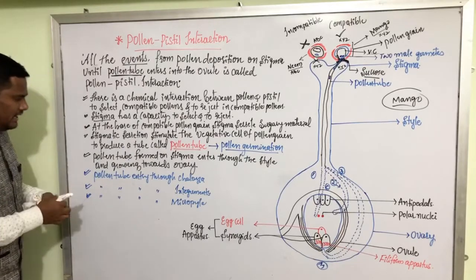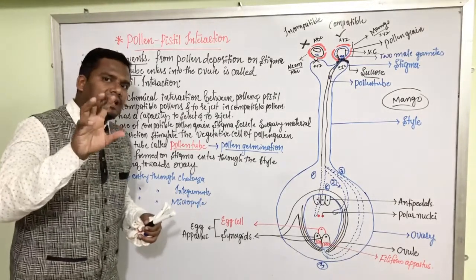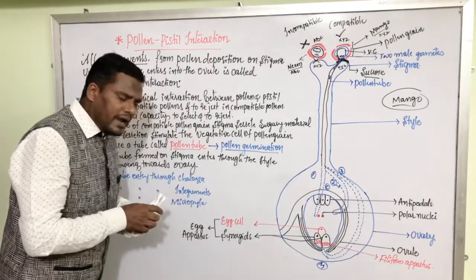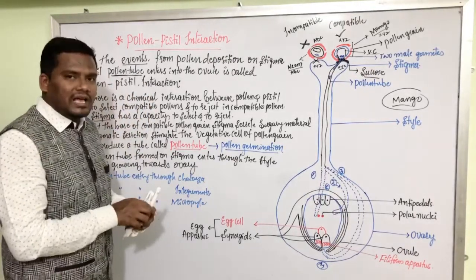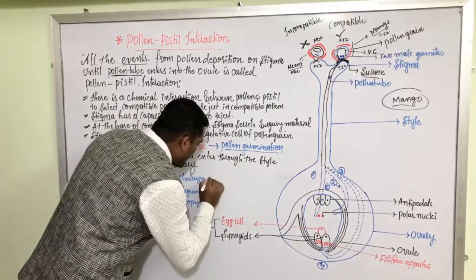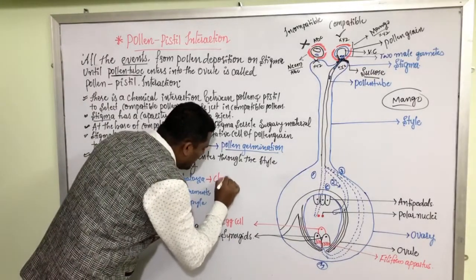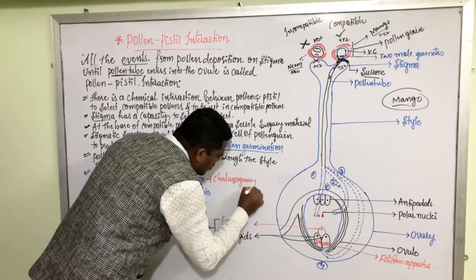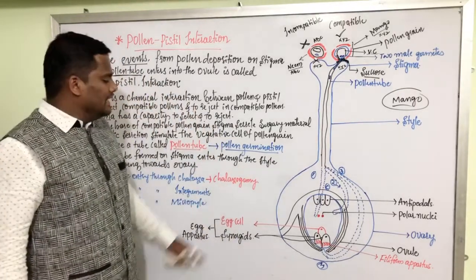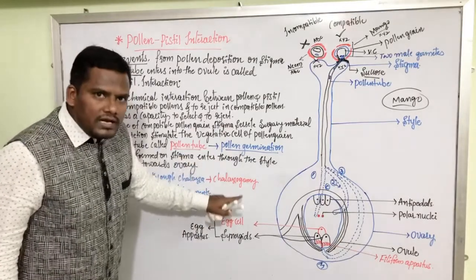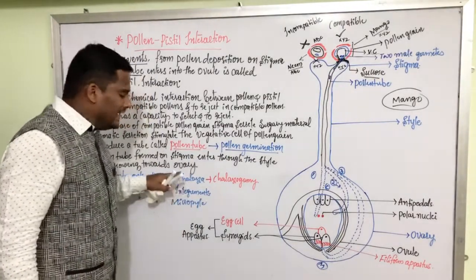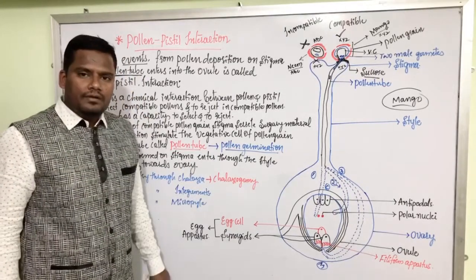These entries are given particular technical terms. If the pollen tube enters the ovule through the chalaza, then it is called as chalazogamy. What is chalazogamy? The entry of pollen tube into the ovule through the chalaza is called chalazogamy.